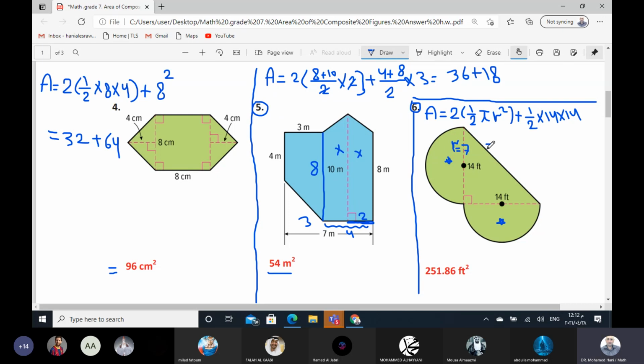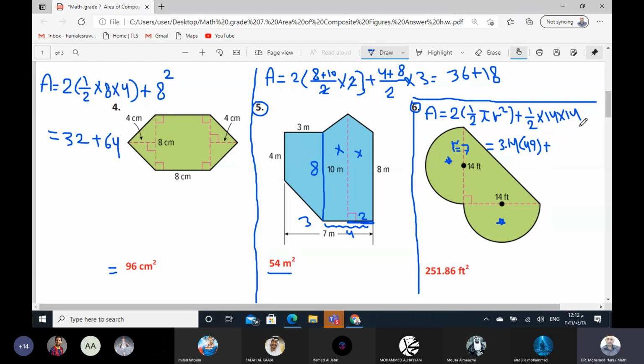Now we can calculate. 2 times 1 over 2 will be 1. Remains here pi, which will be 3.14, times r squared. r will be 7. 7 squared means 7 times 7 will be 49, plus.